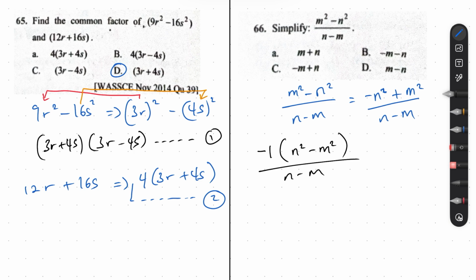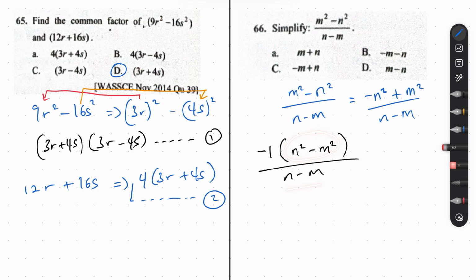If you expand this, we should get this. Negative 1 times n squared will give us negative n squared, and negative 1 times negative m squared will give us positive m squared. So now you can see that we have a proper difference of two squares that looks like this.